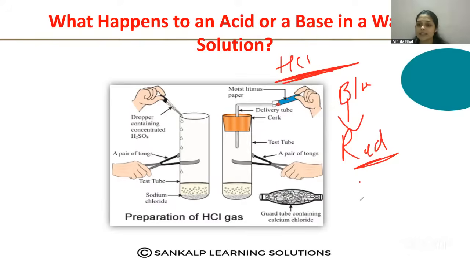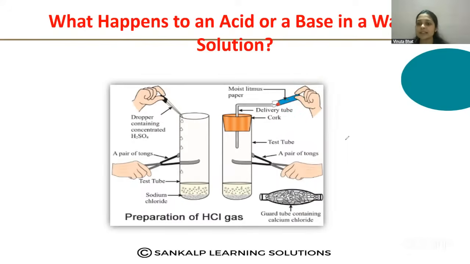So when the HCl gas is tested with dry litmus paper, there is no color change, but with moist litmus paper, which contains water, the blue paper turns red. What did you observe in this experiment?